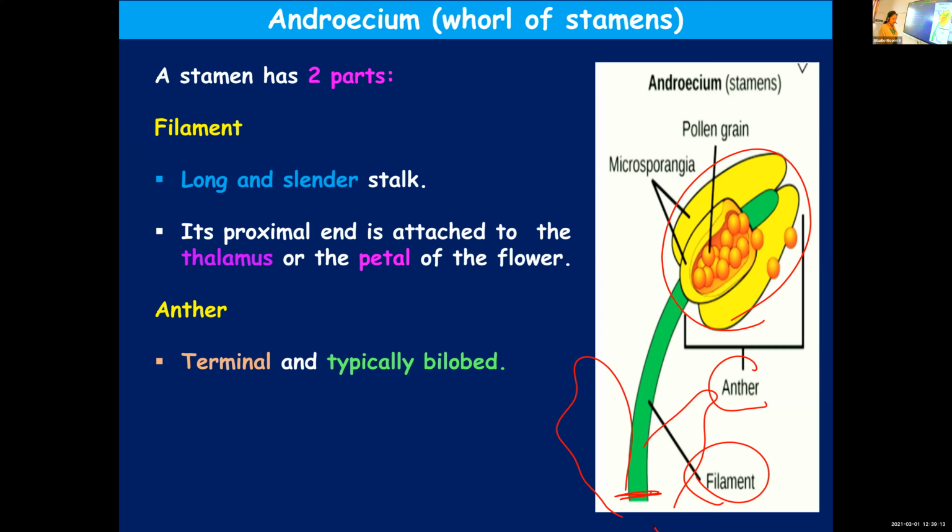Then comes anther. At the tip of the stalk-like structure, you can see a lobed structure. Usually it will be bilobed.